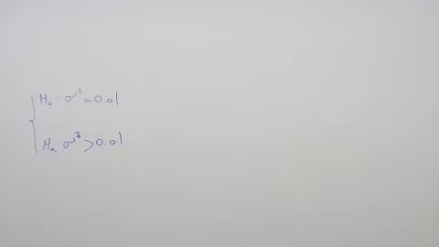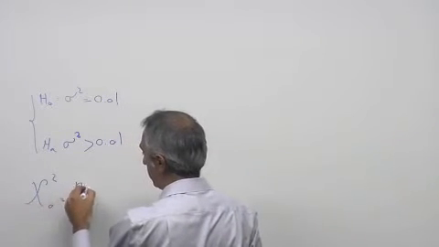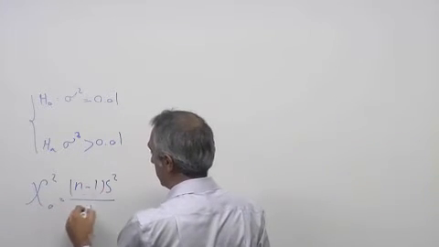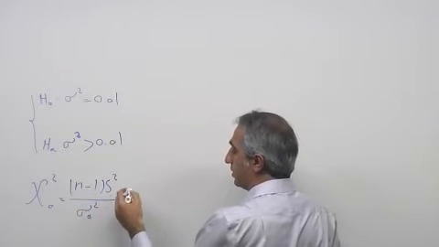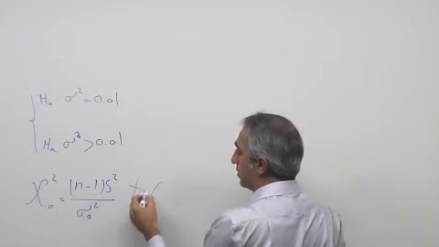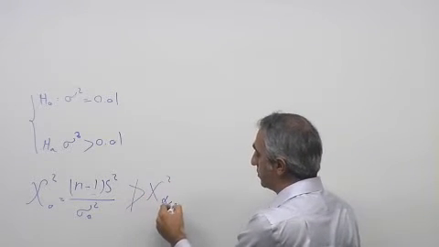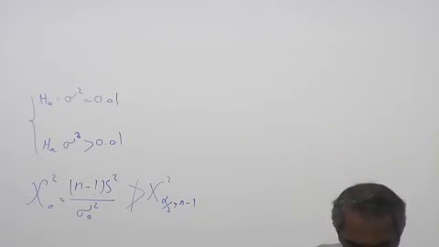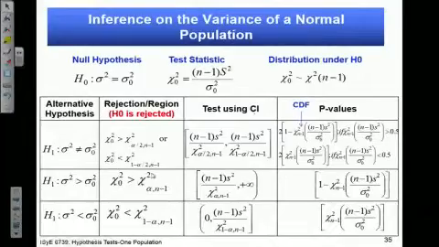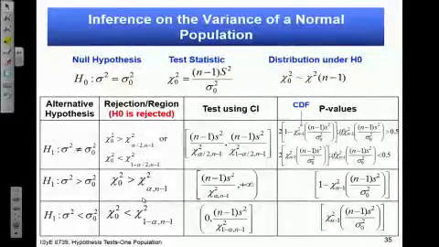We cannot reject H naught because the chi-square 0 that we calculated, which was this guy, wasn't greater than chi-square of alpha over 2 and n minus 1 degrees of freedom, or 1 minus alpha over 2. So basically this guy. Okay? Because of that, we didn't reject H naught.